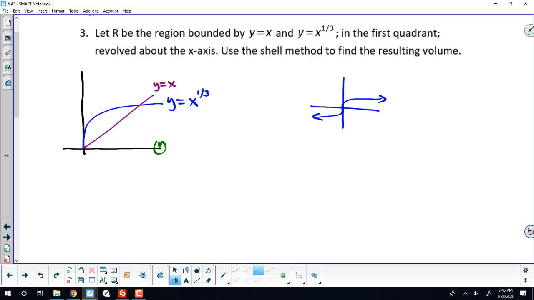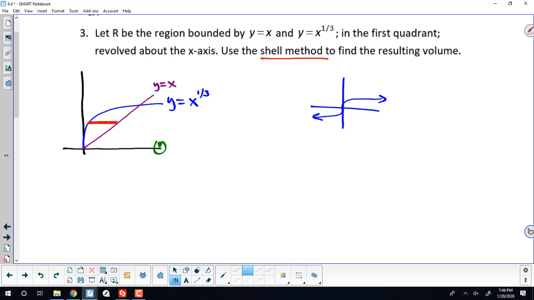And in this one, example 3, we want to use the shell method to find the volume. So if we're revolving that region around the x-axis using a shell, our shells have to be parallel to the axis of revolution, which then indicates to us that we have to integrate with respect to y here.